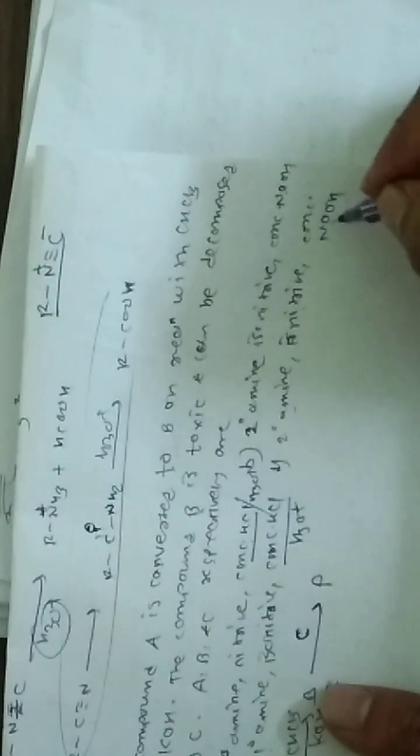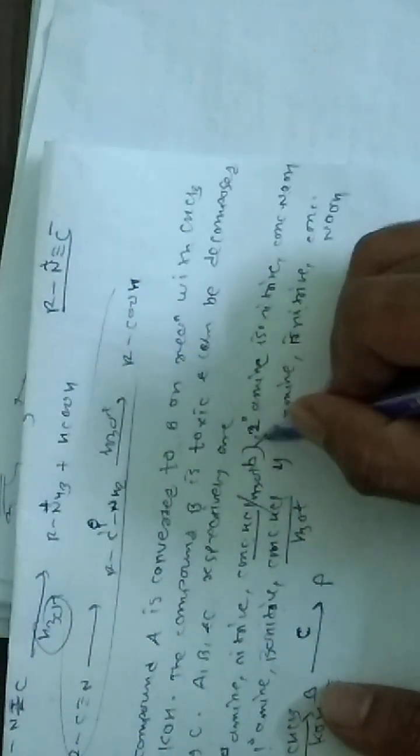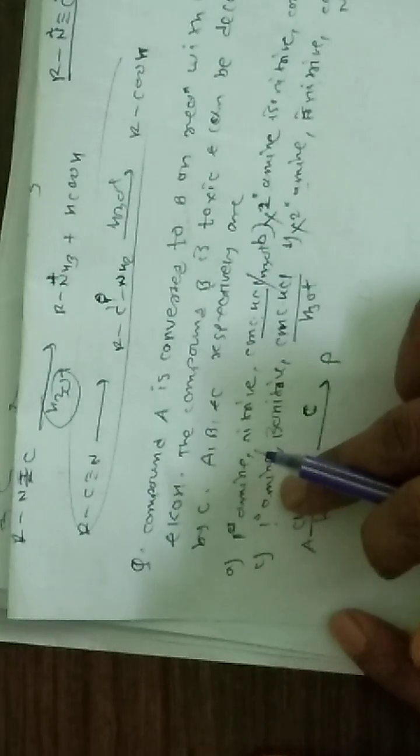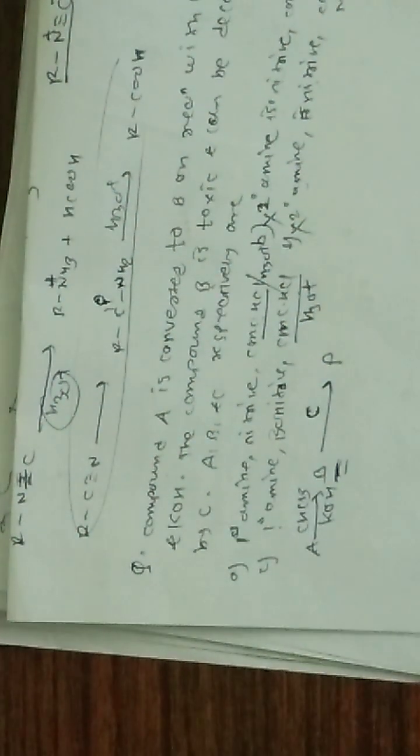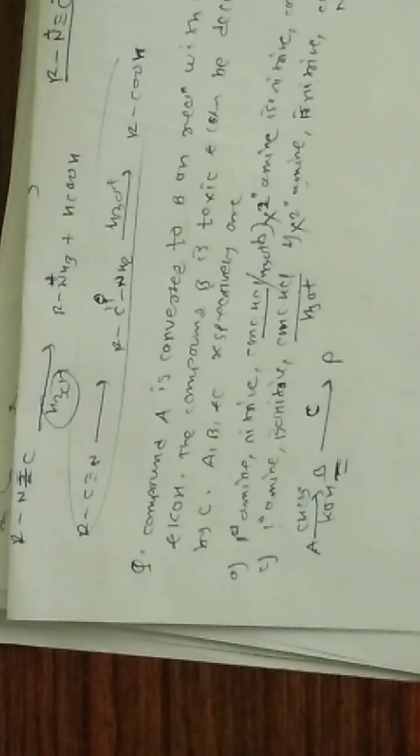But concentrated NaOH is not for the hydrolysis of B. Now these options are cut, and these options remain. Now the idea of which reaction is involved in the question comes out: the carbylamine reaction.